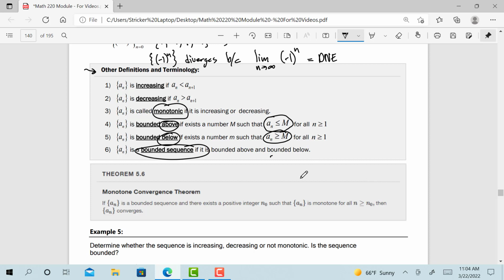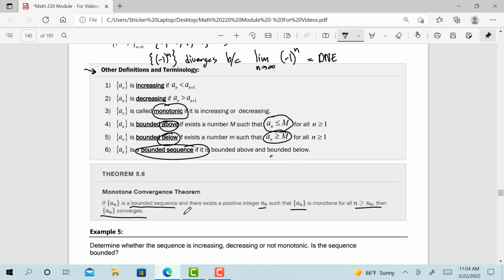And then there's one theorem here. It says that if a sequence is a bounded sequence, and there exists a positive integer n0 such that a sub n is monotone, so meaning it's increasing or decreasing for all n greater than n0, then we say that it converges. Okay?